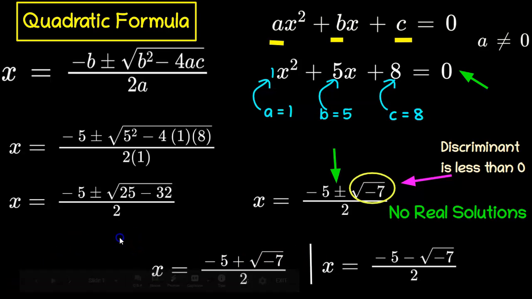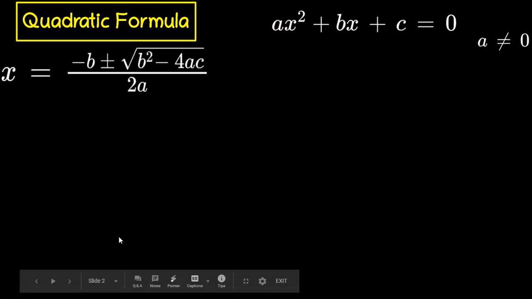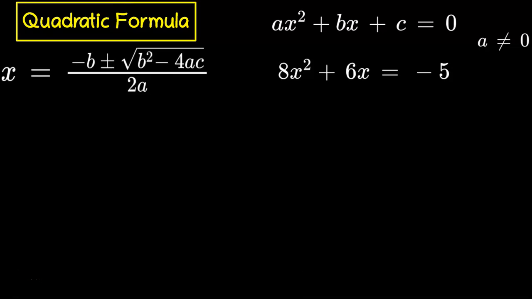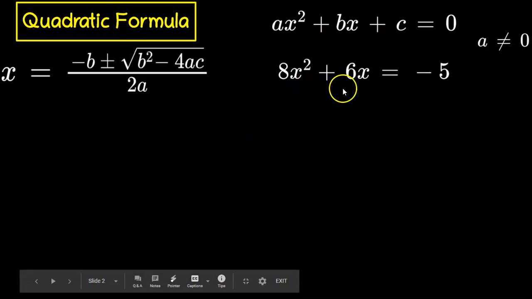Let's have another example. Let's take 8x squared plus 6x equals negative 5. So again, the first step is to check if your quadratic equation is equal to 0. In this case, as you can see, it is not equal to 0.